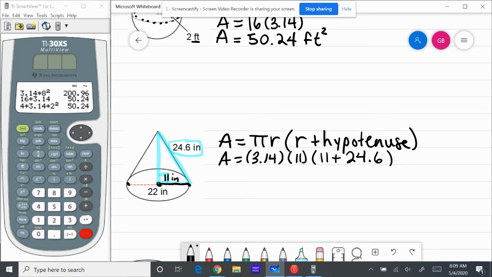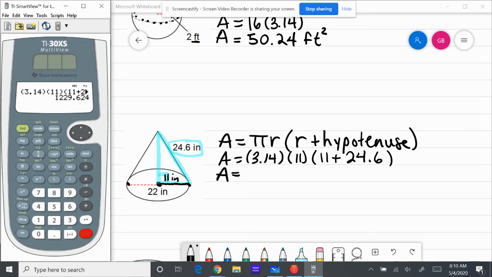Okay. So now you're ready for the calculation. Very, very important to use parentheses because you see that r plus the hypotenuse is in parentheses, so you have to do that first, or you have to tell the calculator to do that first. So let me show you here. So 3.14 times 11 times 11 plus 24.6.